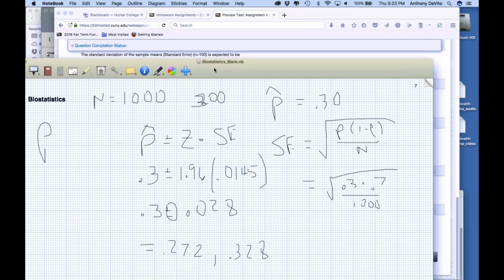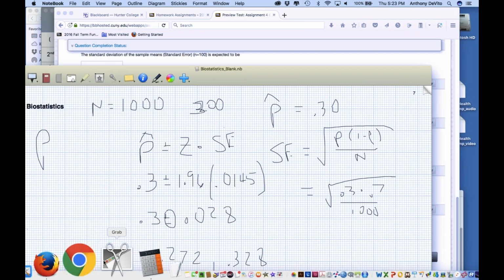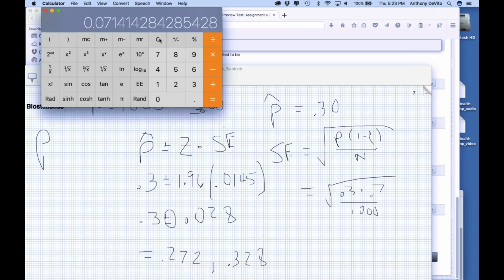Okay, so let's go back here. This time I'm going to do the same thing and calculate my confidence interval. It's going to be 0.15, our standard error. 0.15 times 0.85 divided by, what's the sample size this time? 625. Oops, I did something wrong there.